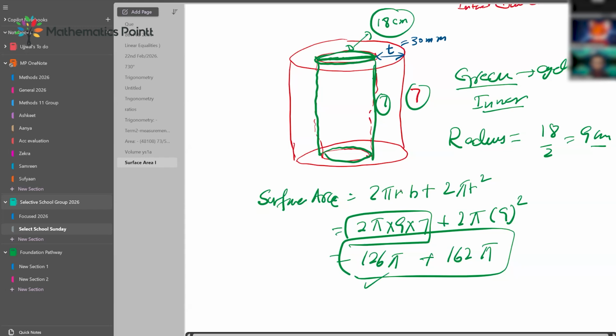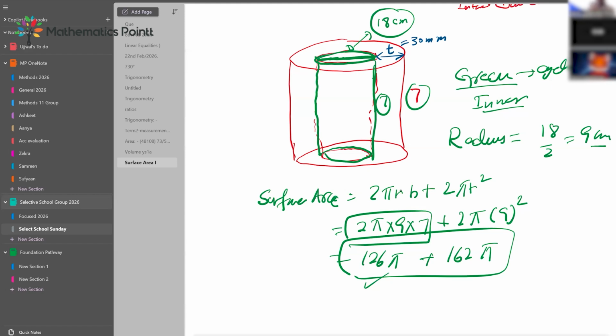Now, we have missed a very fundamental thing intentionally. I told you this is a pipe. It is hollow from inside, right? So that means there's nothing here.